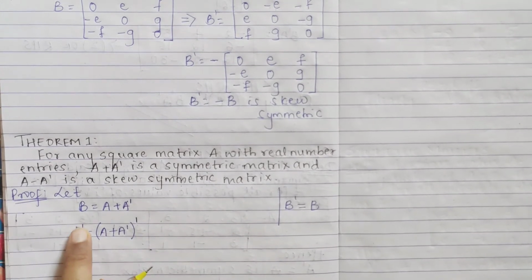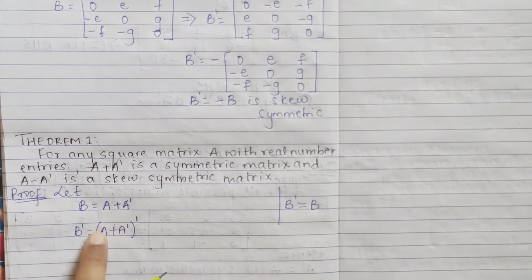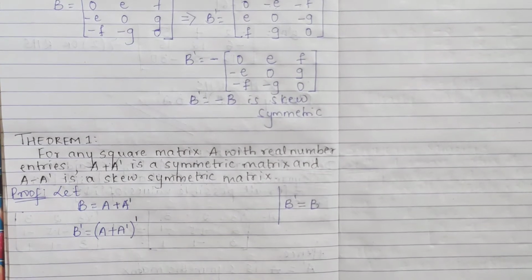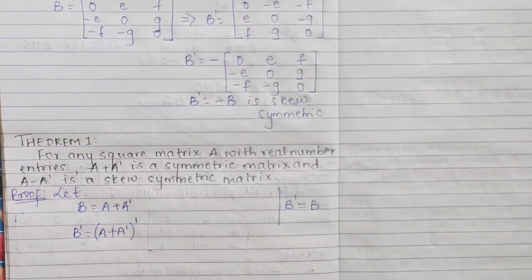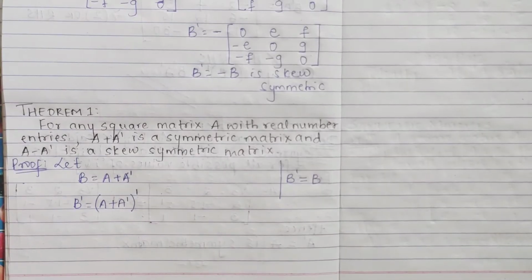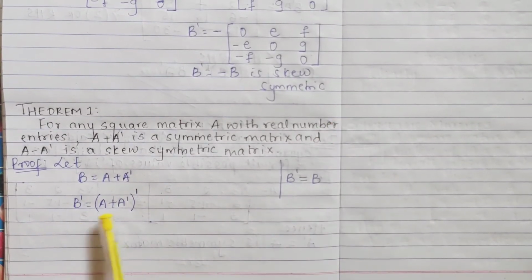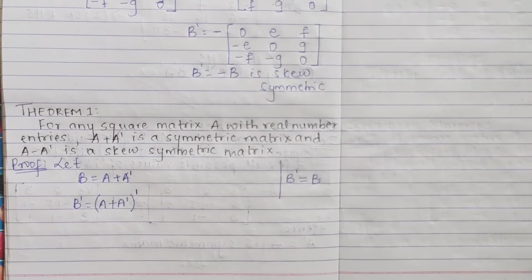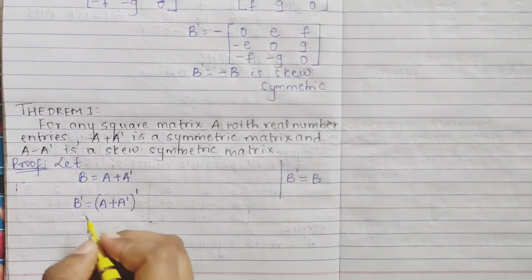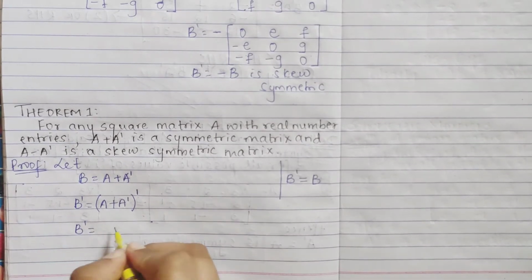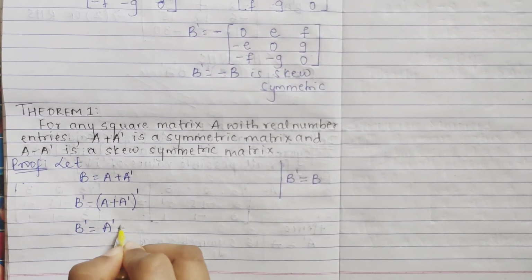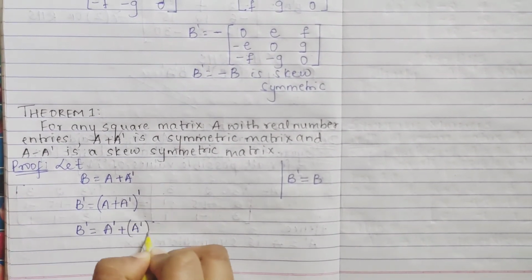B transpose. What is B? A plus A transpose, right? A plus A transpose you have to find the transpose of. And here we'll make use of our properties, right? Because without the help of properties we cannot move further. So here I can write B transpose is equal to A transpose plus A transpose of transpose.